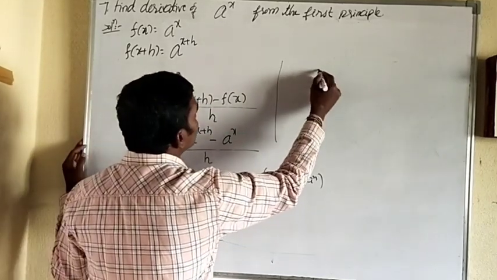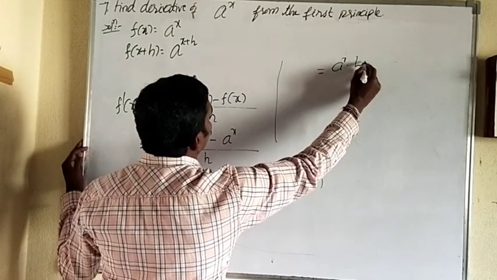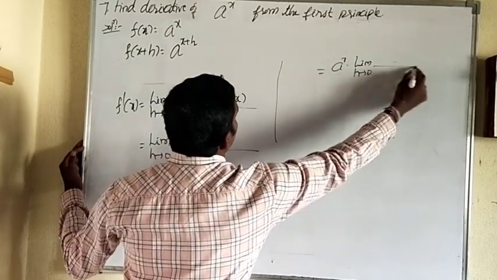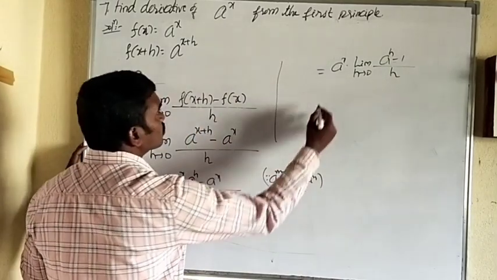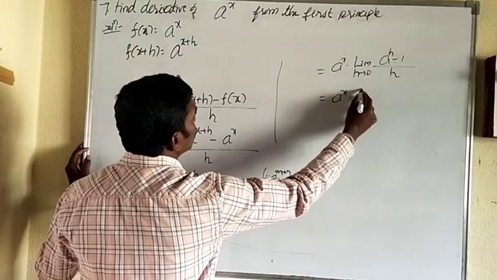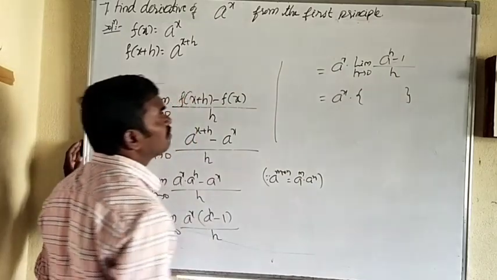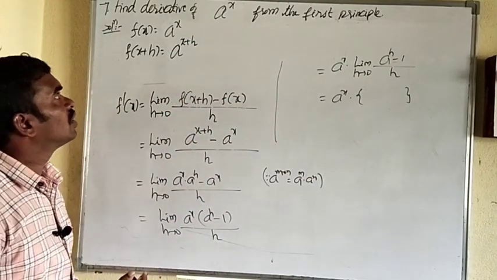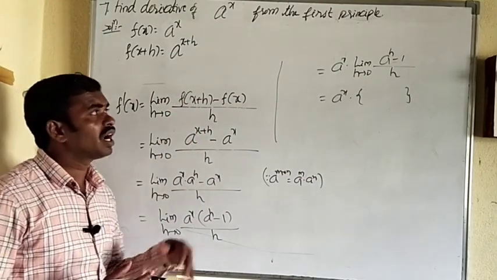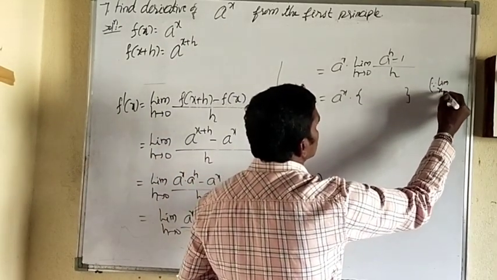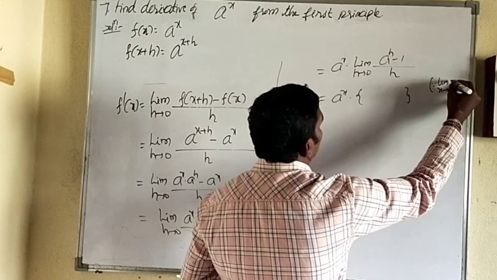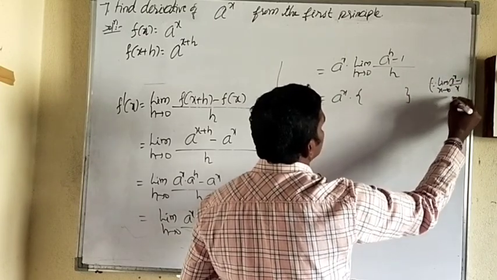Okay. So which is called a power x into limit h tends to 0 of a power h minus 1 by h. What is this formula? We have a formula that limit x tends to 0 of a power x minus 1 by x is equal to log a.